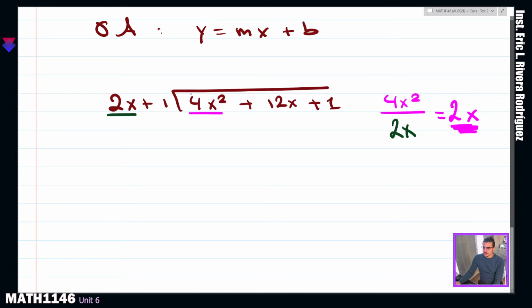The first term here is a degree of 2, x squared, and the second one has a degree of 1, 2x. So you want to put this result, 2x, here.